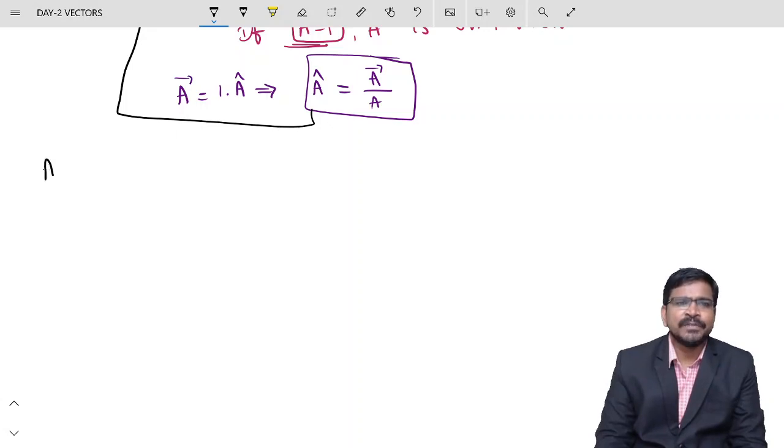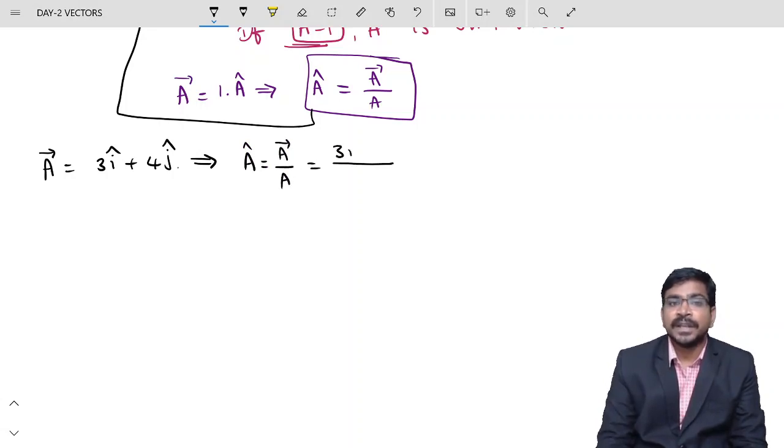How to find the unit vector? Suppose I give you A is equal to 3i cap plus 4j cap. If I want the unit vector, then A cap is equal to the vector divided by its magnitude. What is the vector? 3i plus 4j. And what is the magnitude?